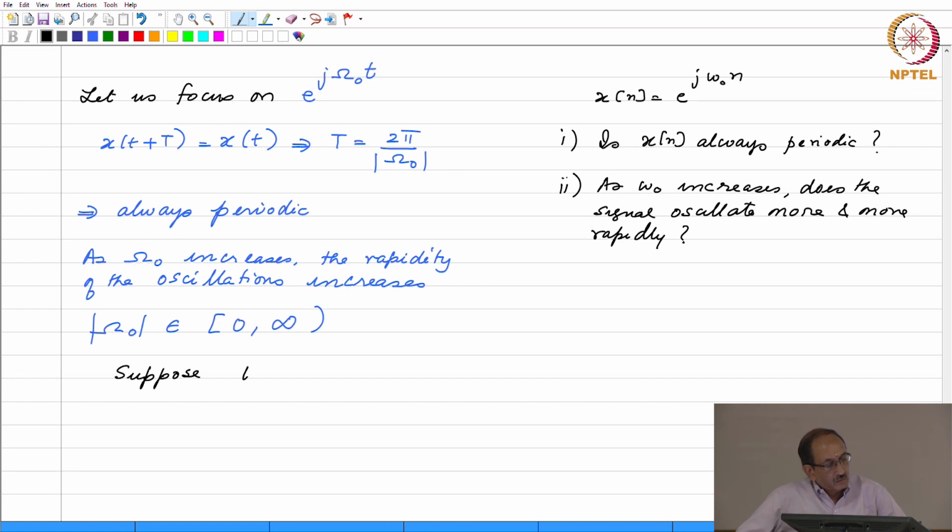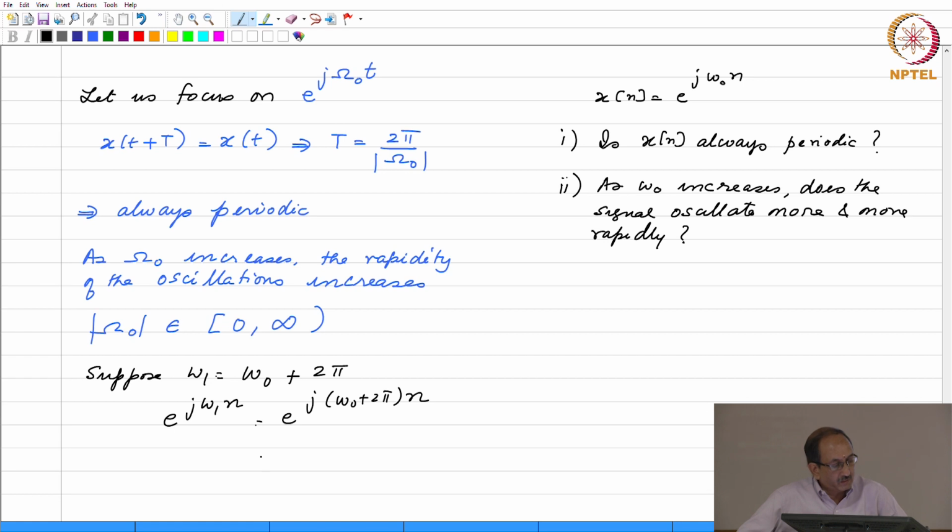Suppose we consider two different frequencies, omega naught and omega naught plus 2 pi. Then x of n with e to the j omega 1 n, which is e to the j omega naught plus 2 pi times n, is exactly x of n, because this is nothing but e to the j omega naught n times e to the j 2 pi n.